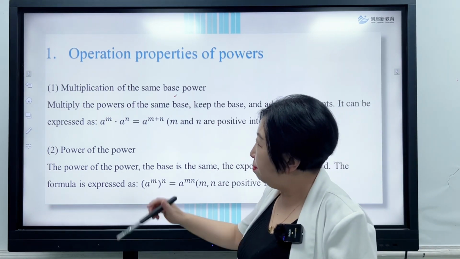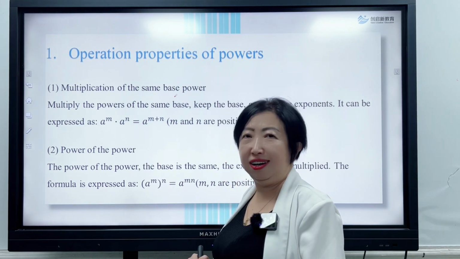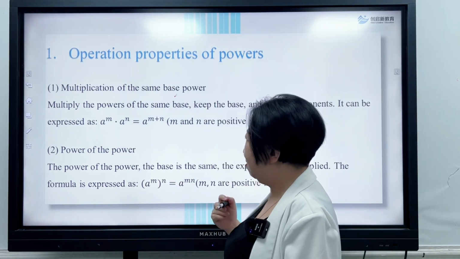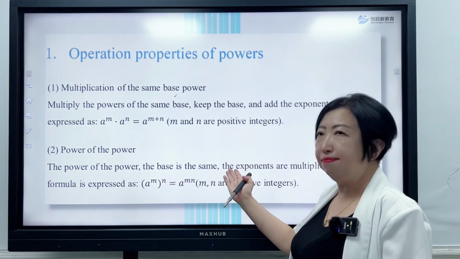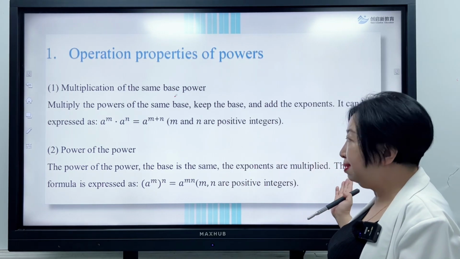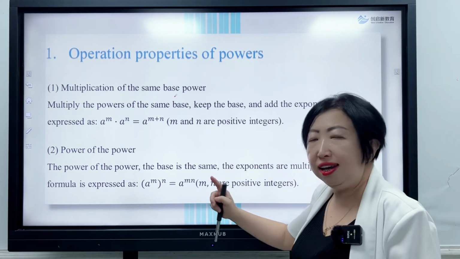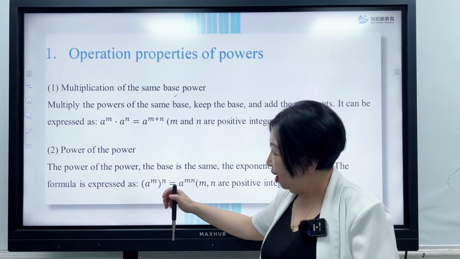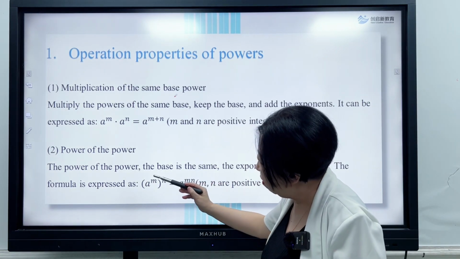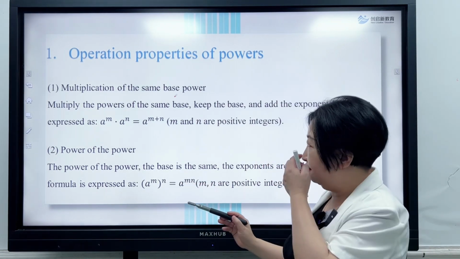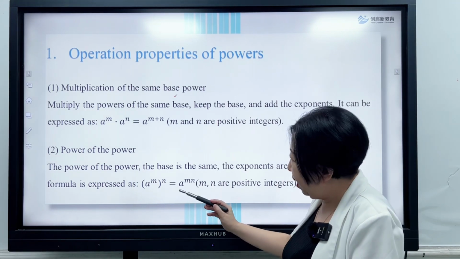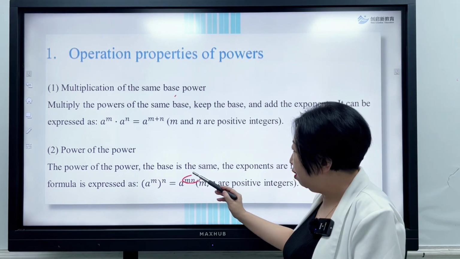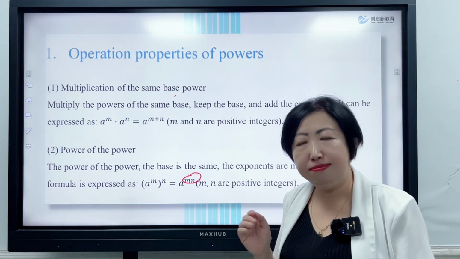Second, power of the power. The base is the same and the exponents are multiplied. The formula is expressed as: a to the m, to the n, equals a to the power of m times n.